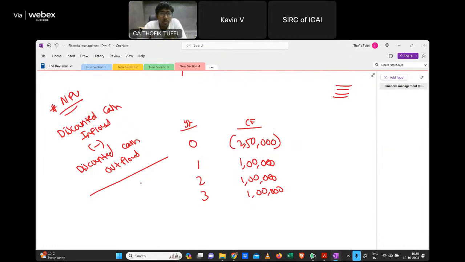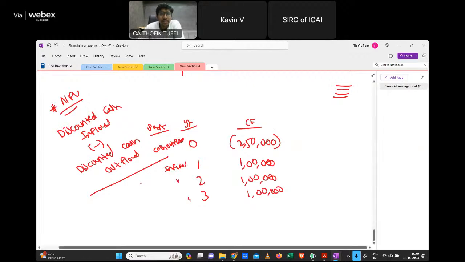So the formula for net present value is net cash inflows minus net cash outflows, but you don't have to remember the formula. Always remember the schedule, always remember the approach of how to do the problem. So how to do the problem, first will be the particulars: year, cash flow. So this will be cash outflow. These are the inflows, then year, then cash flow, then present value factor, and then discounted cash flow.